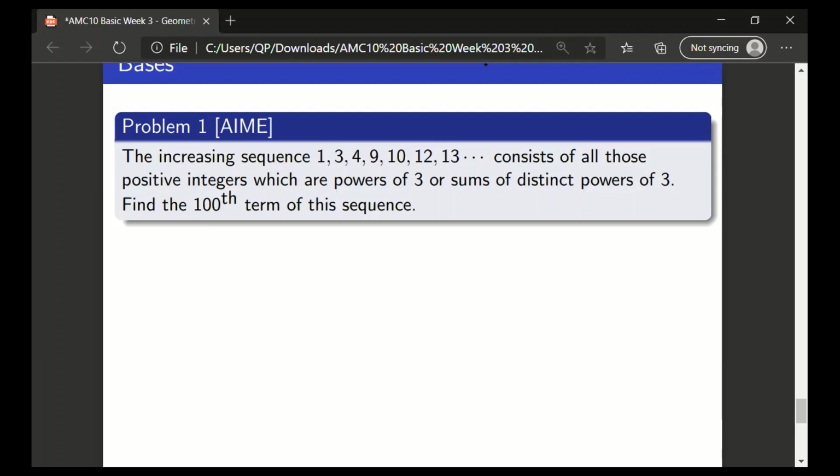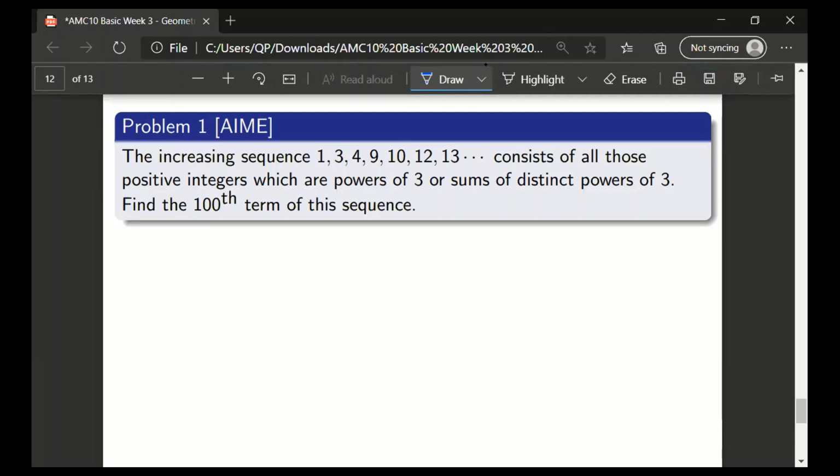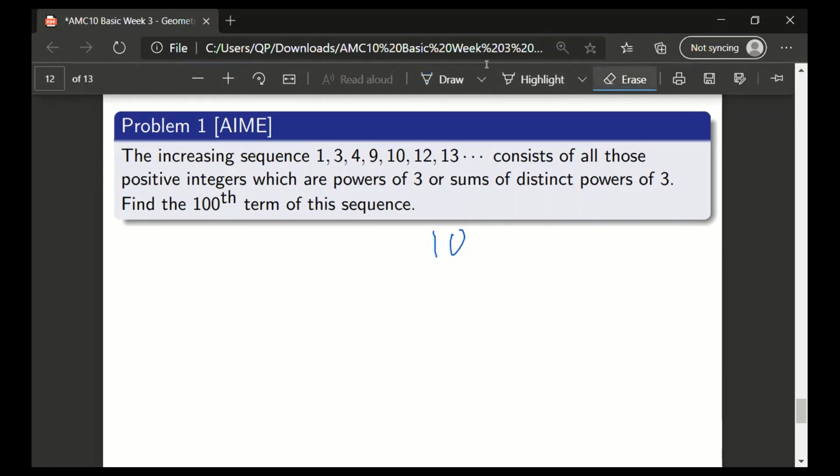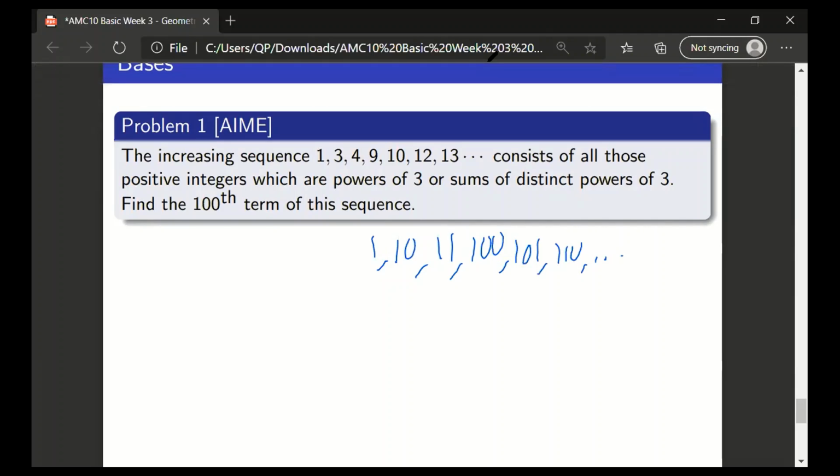I have slightly more planned after this, so I'll just directly give all of you a hint. They're distinct powers of 3. So each of these numbers in base 3 is a sequence of ones and zeros. For example, the first few terms of this in base 3 are 1, 10, 11, 100, 101, 110, etc. And this should be really familiar.